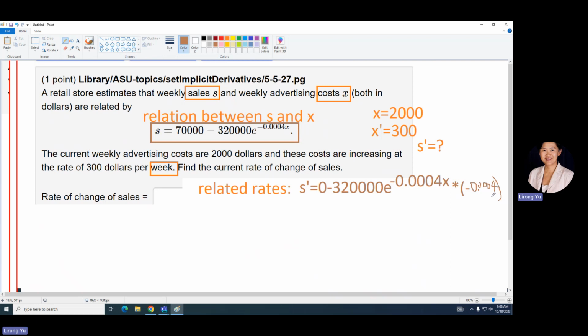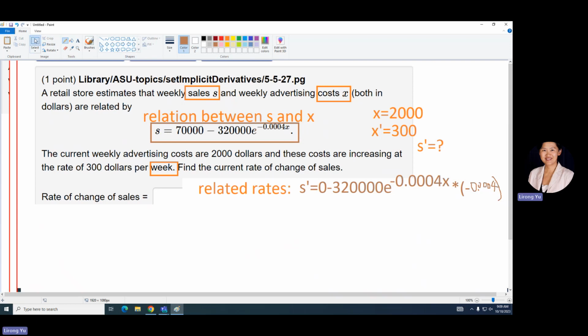I think I forgot something. We should also have x prime, right? That's the whole reason we do the differentiation. Once we find the derivative of this, remember x is a function of time, so we have to multiply by x prime.